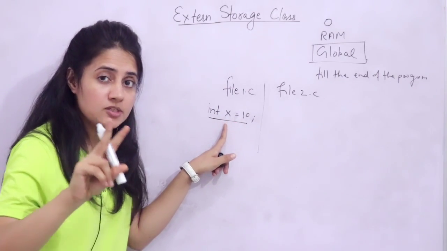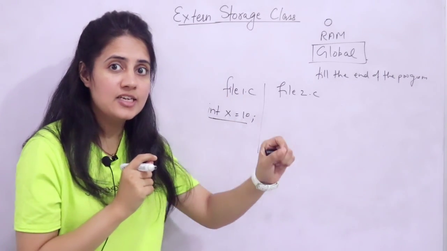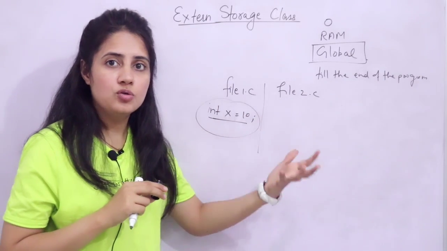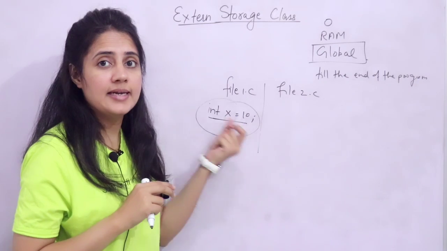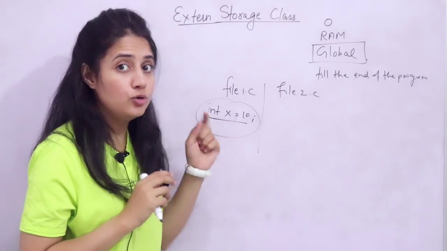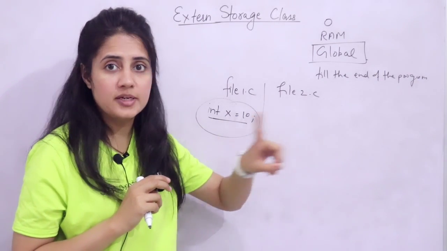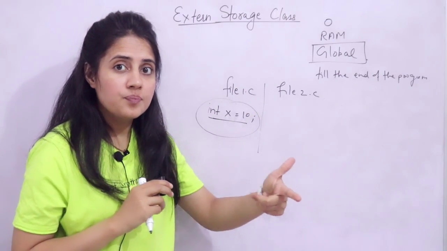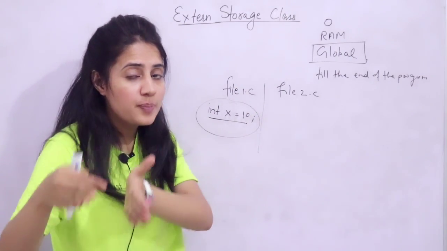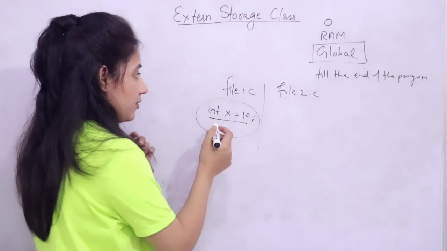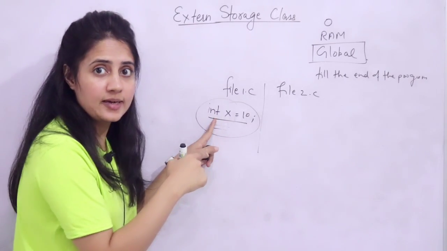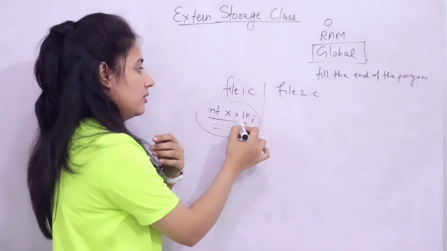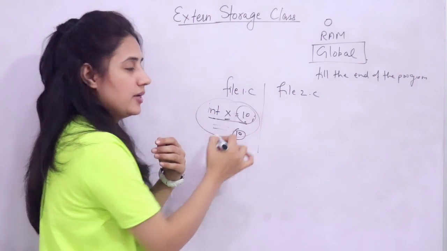Now, this variable x, this is what I have declared and defined. Let me first clear the difference between declaration and definition. Declaration means we have just told the compiler the data type of that variable, that's it, no space allocation, no memory allocation. And definition means declaration plus space allocation. Here we have declared that the data type would be int, and we have defined it also, memory would be allocated, and x has the value 10.